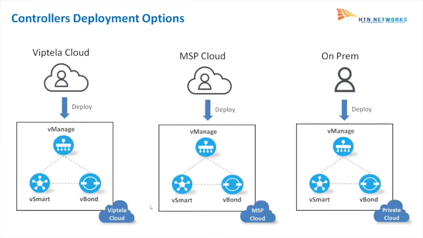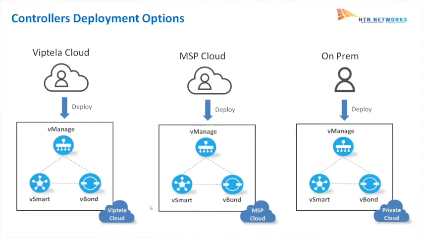We just get our controllers directly from Cisco, and once you order your vEdge router, it's already pointing to your controller devices. Then you can also get these devices through an MSP cloud, which is a managed service provider like Verizon or anyone else, or a cloud service provider.